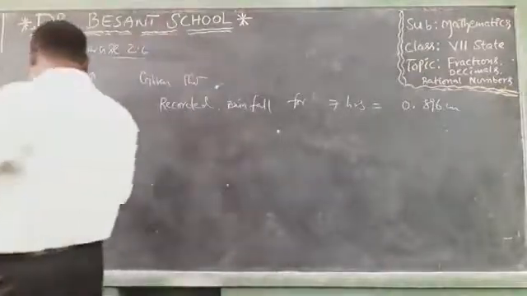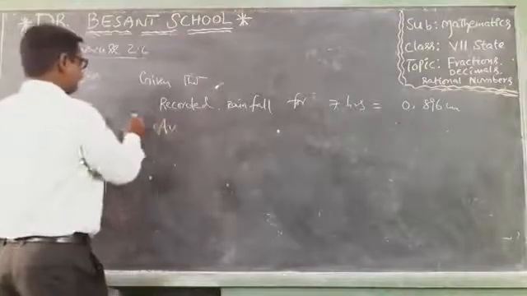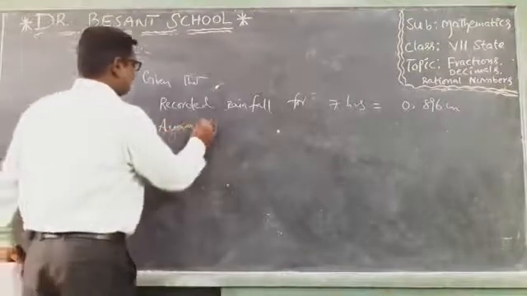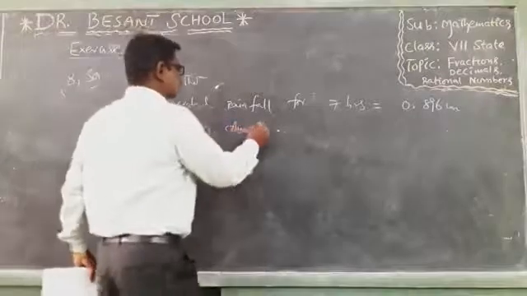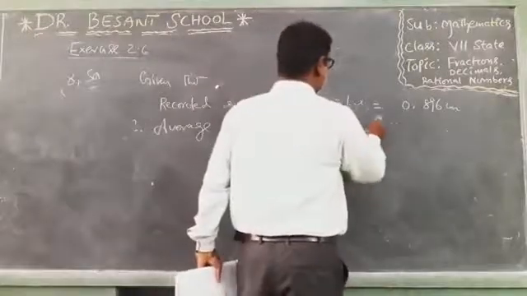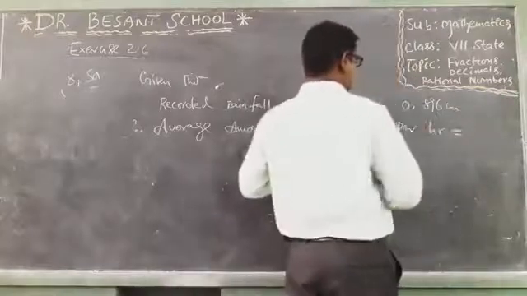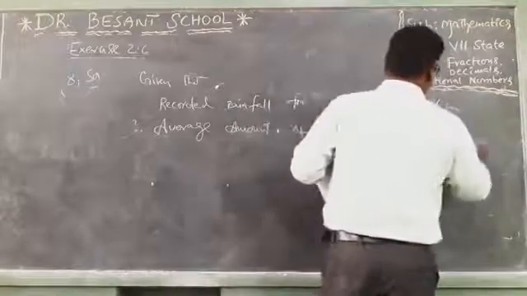Now the average amount of rainfall per hour. Therefore, the average amount of rainfall per hour is equal to 0.896 by 7.